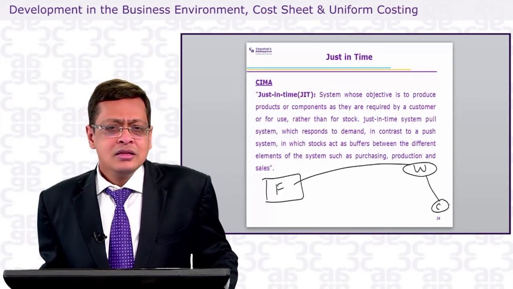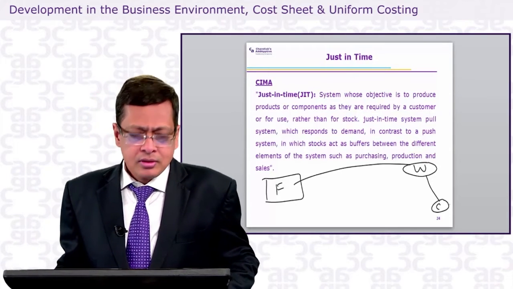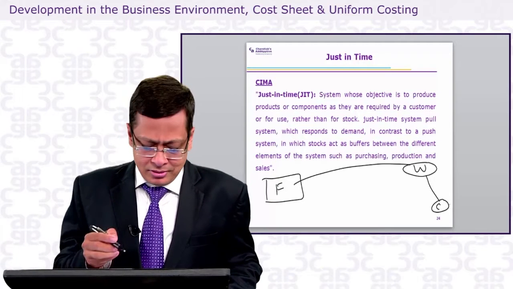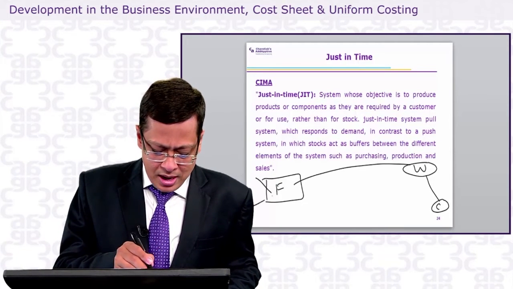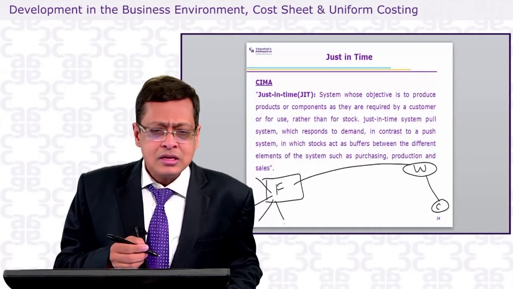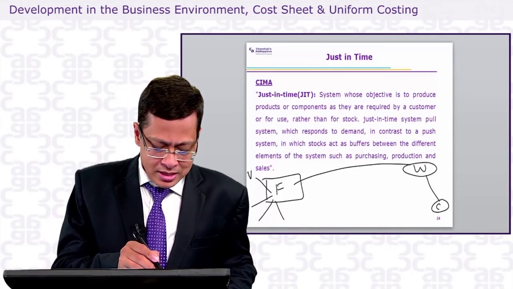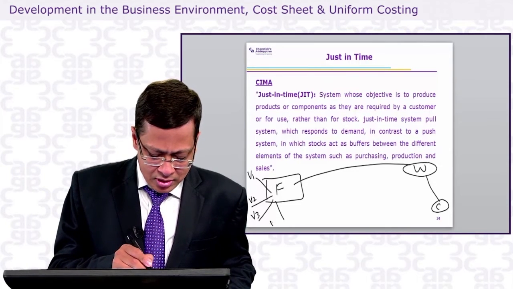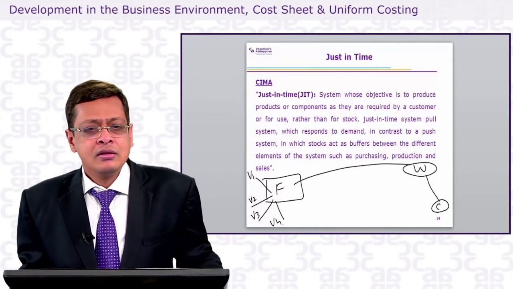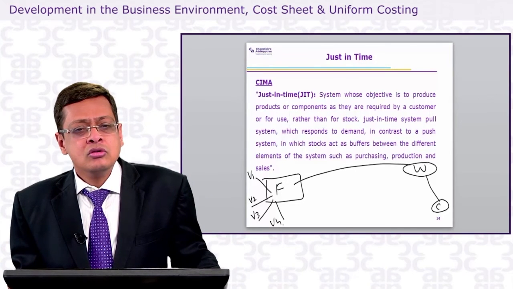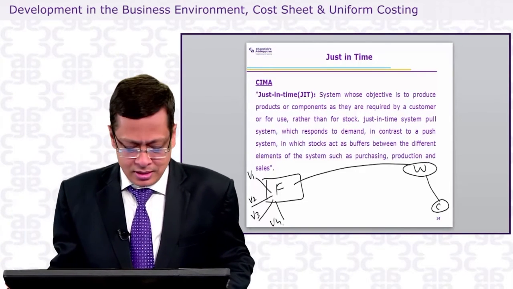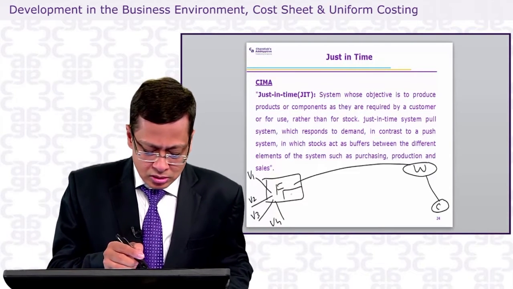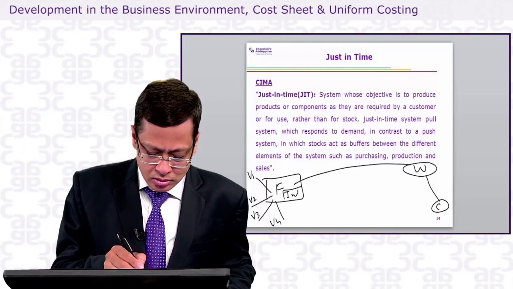Now, let's analyze another system. This factory needs input: input 1, input 2, input 3. These inputs are coming from various vendors: vendor 1, vendor 2, vendor 3, vendor 4. They are giving raw materials to the owners of the factory, which is stored internally. So this is the internal storage.